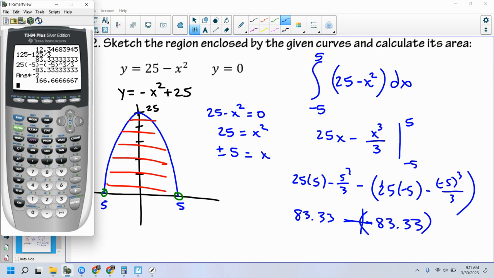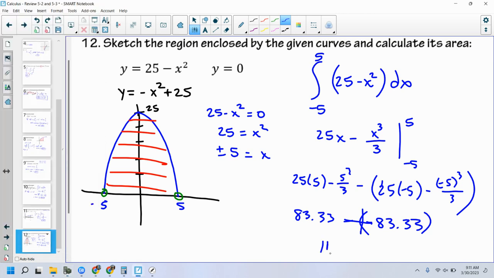It is 166.6 repeating, or 166.67, which is interesting. This is symmetrical about the y-axis, so honestly, couldn't I have just performed the integral from 0 to 5 and then doubled it? Isn't that another possibility that I could have done?